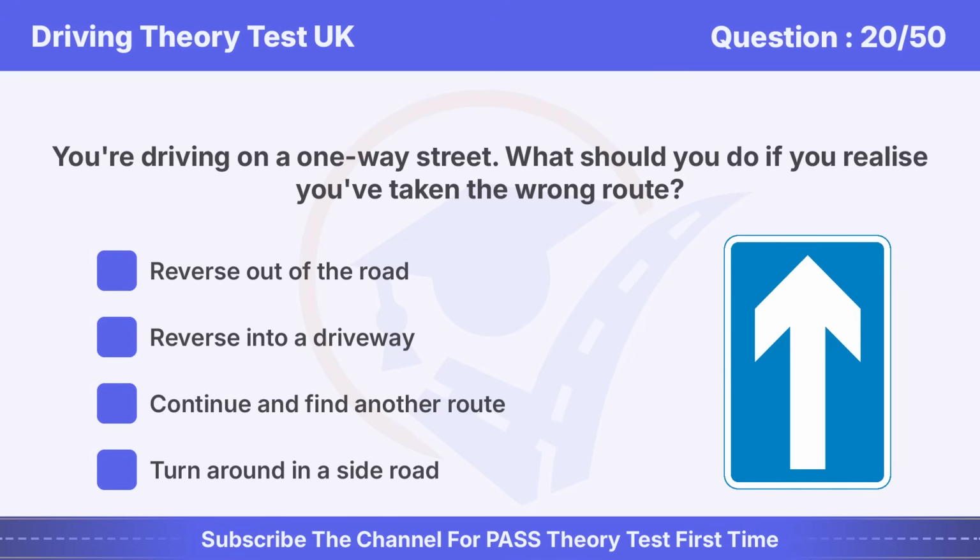Question 20. You're driving on a one-way street. What should you do if you realize you've taken the wrong route? Answer is C. Continue and find another route.